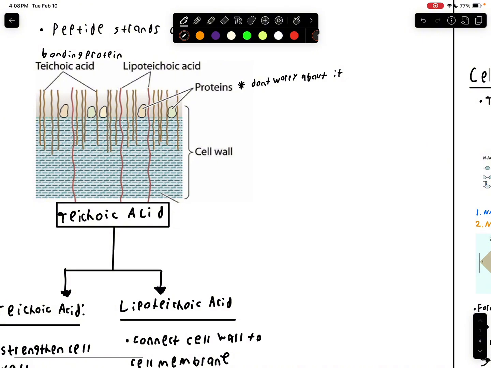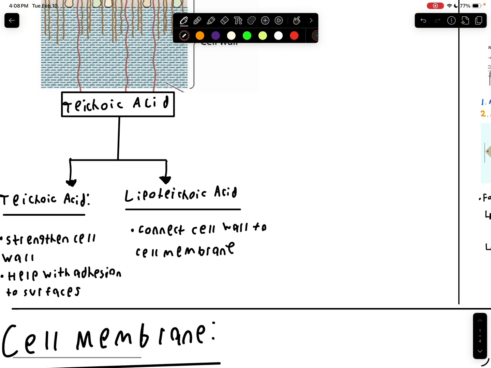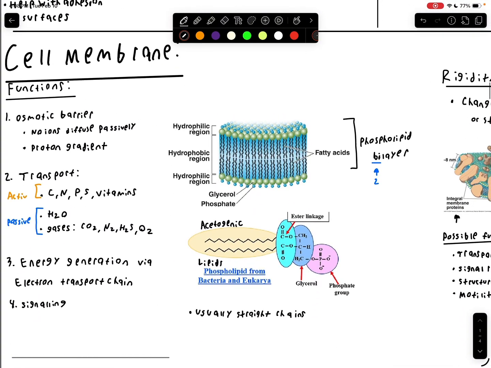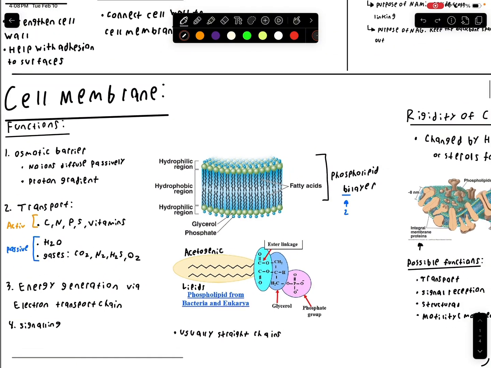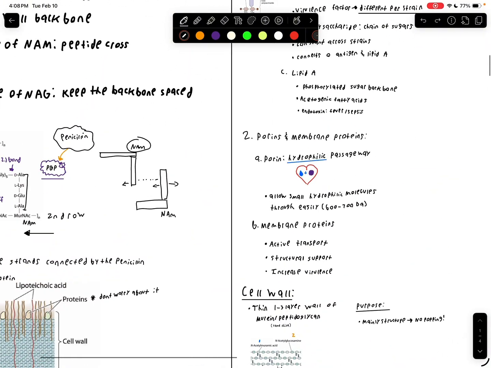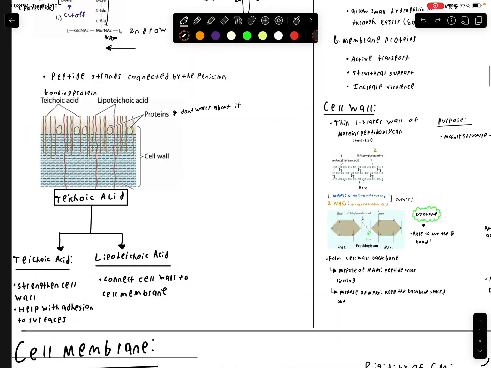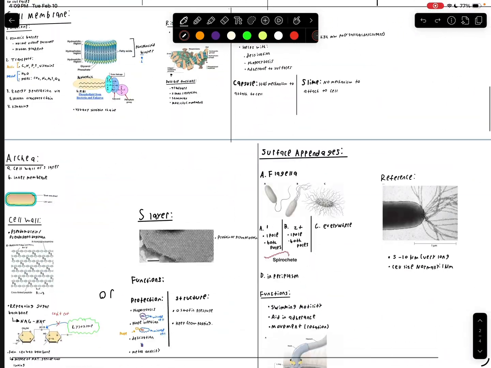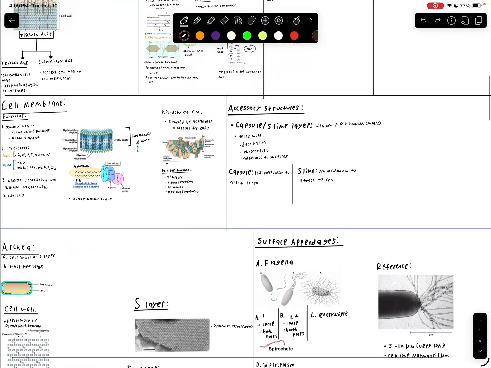Now the lipoteichoic acid will connect the cell wall to the cell membrane, which is the layer below it in the cell envelope. Now, the cell membrane stuff is all over here, but we won't touch on it until we've gone through the other types of cell envelopes. The reason for that is because these 4 share the same cell membrane structure.